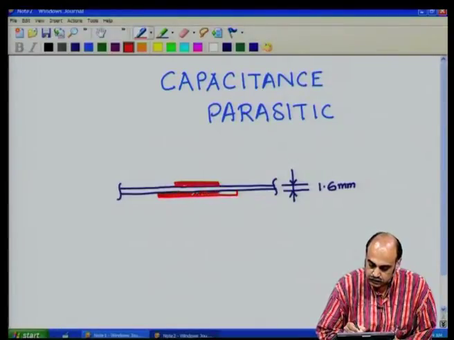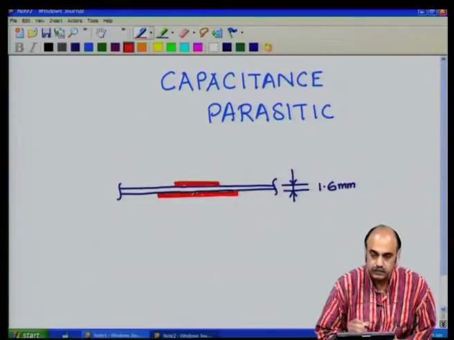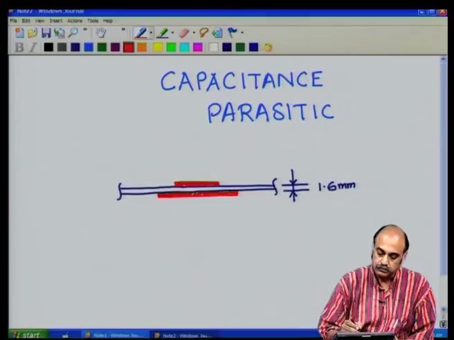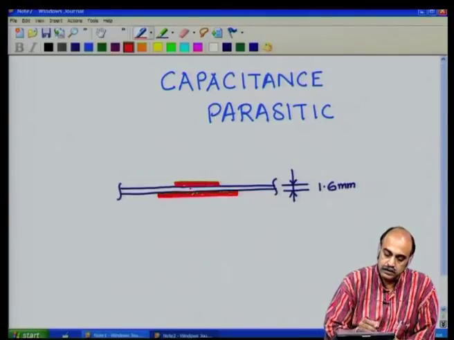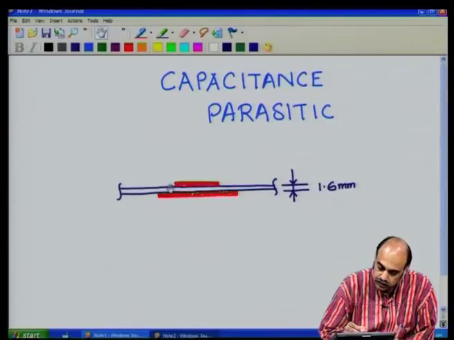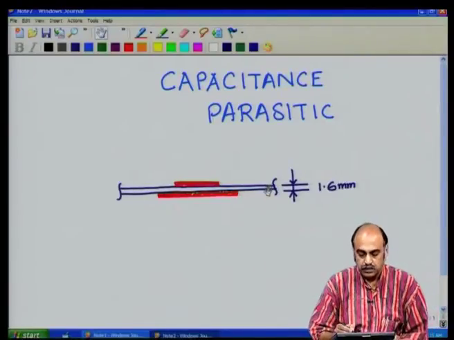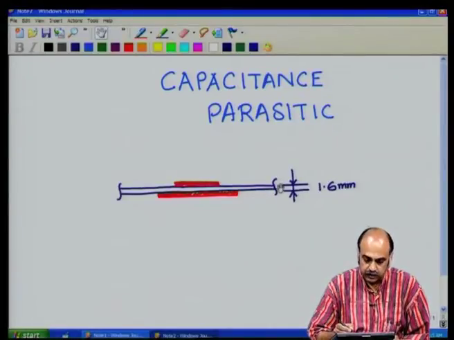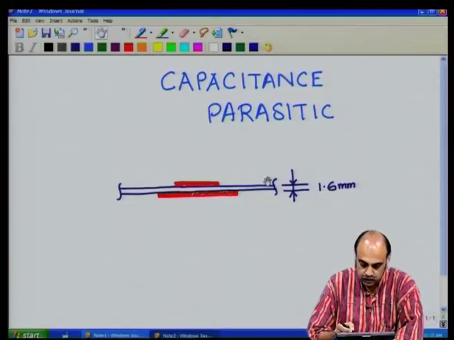Now, these copper tracks are separated by only this dielectric component, which is the PCB material, an epoxy material which has a finite relative permittivity.